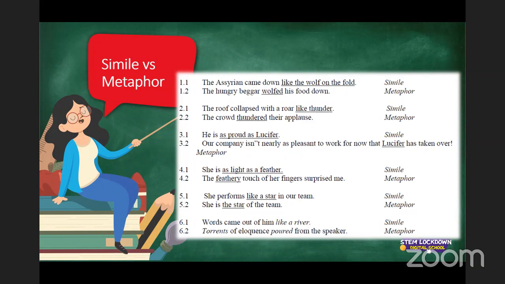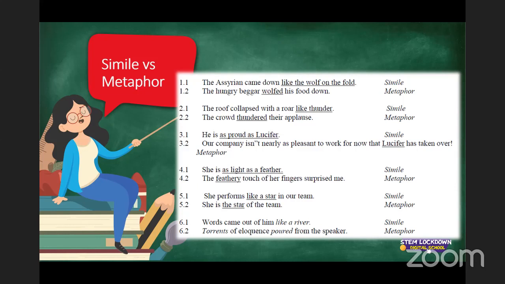Now we are comparing the differences between the simile and the metaphor. All your first sentences are similes. The Assyrian came down like the wolf on the fold. You see, like the wolf, so that's a simile, and we can see the metaphor: the hungry beggar wolfed his food down. The roof collapsed with a roar like thunder.